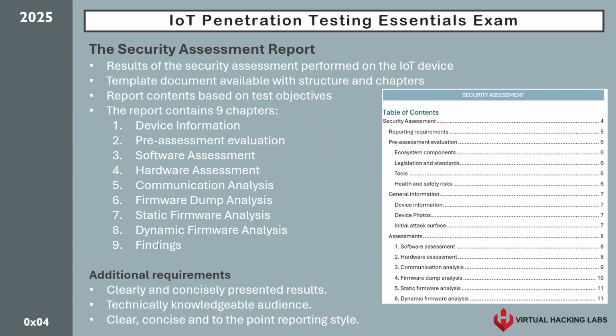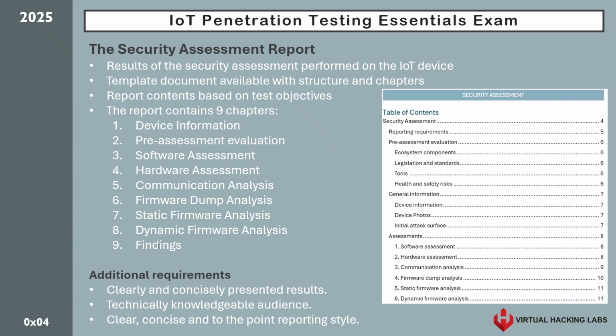The Security Assessment Report contains the following chapters. The Device Information chapter contains general information about the IoT device. The Pre-Assessment chapter contains general information about the security test. The Software Assessment chapter contains a review of the software and vulnerabilities. The Hardware Assessment chapter contains a review of the hardware.